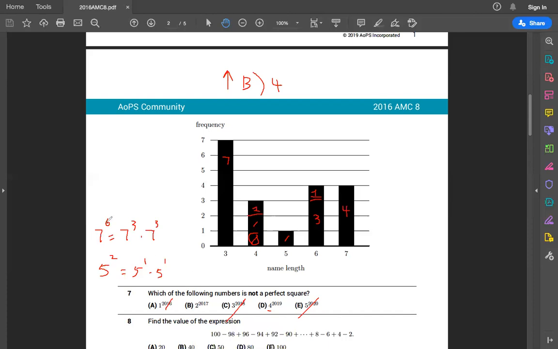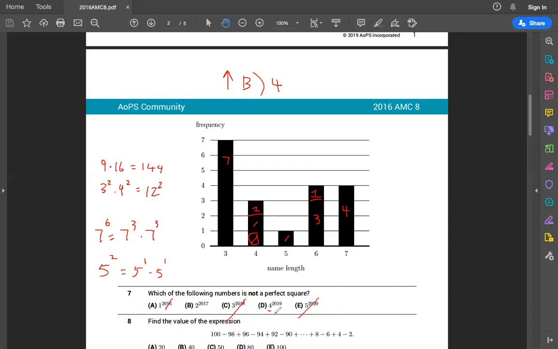And you can try this for yourself, but you'll notice that if you multiply a bunch of square numbers together, you still end up with a square number. So for example, if I take 9, multiply by 16, that's 3 squared times 4 squared. I'll get 144, which is just 12 squared.